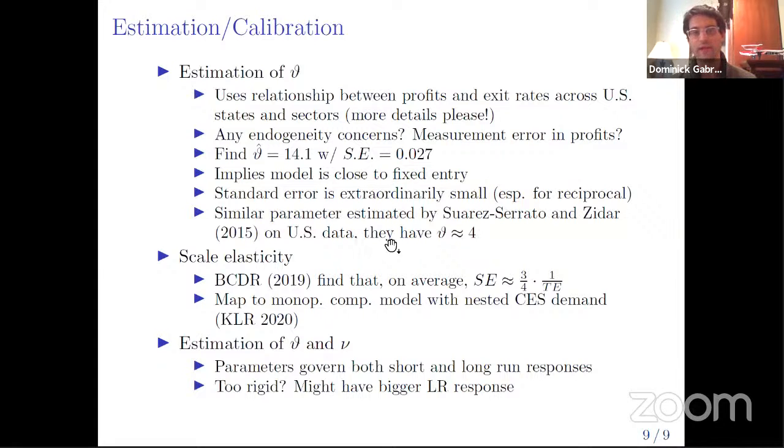The paper says that they don't have a comparable estimate, but there is this other paper by Suarez Serrato and Zidar in 2015 that I think estimates a similar parameter, and they get, if I'm reading their table correctly, about 4. So that's something to look into. But anyways, a really interesting paper. I'm hungry to know more about how it relates to previous frameworks. Thank you.